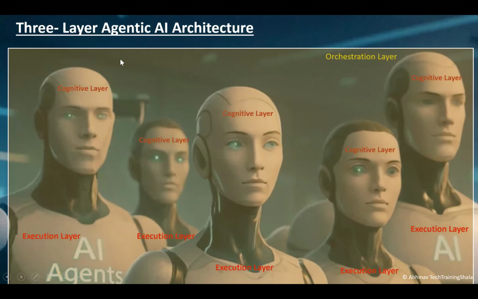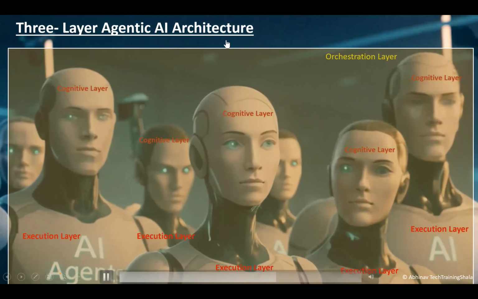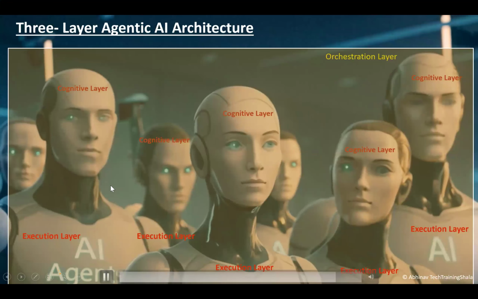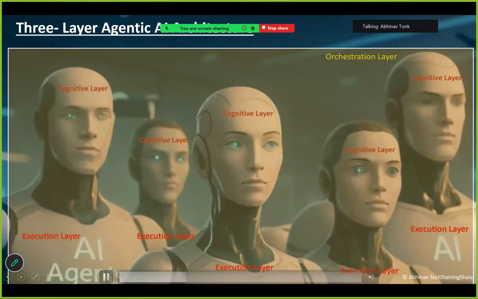Now let's talk about the three-layer agentic AI system. So let's say these are my AI agents, right? AI agents have a brain, which is defined by the cognitive layer. Agentic AI will do something, which is defined by the execution layer. The cognitive layer enables the agents to think, and the execution layer enables the AI agents to act.